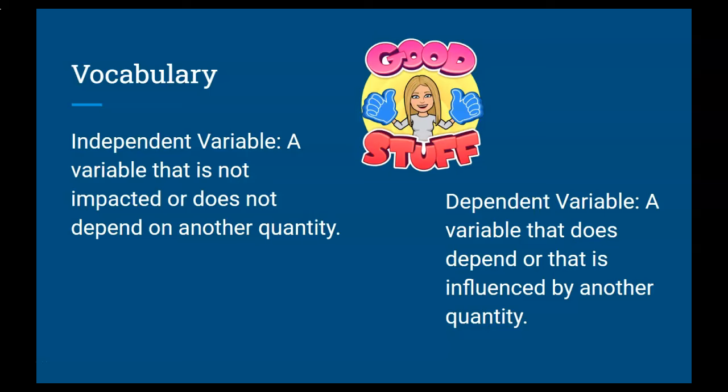And then your dependent variable is a variable that does depend or that is influenced by another quantity. So it is something that is going to change based on another quantity or another number. And so that'll make sense here in just a little bit.